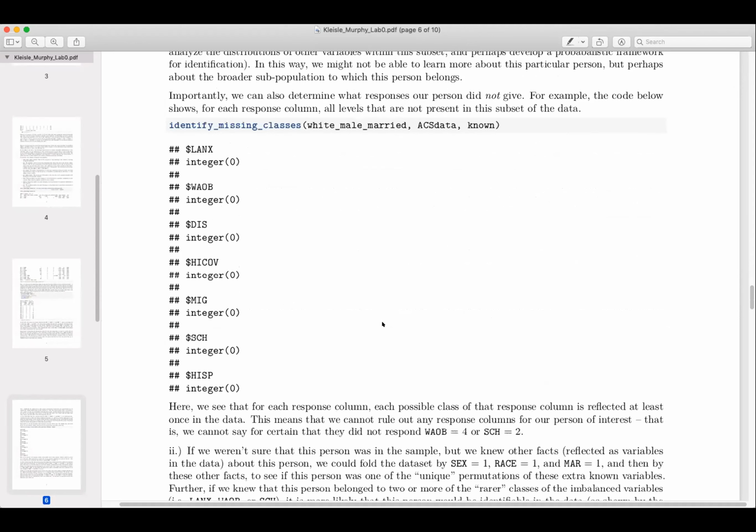Maybe we know where they were born from knowing them. And what I found is that within this subset you gave us, you can't really rule out the possibility of other classes. Although that said, I didn't do that to count. I didn't rule out permutations of other classes. So I guess that's one place I could have gone further.